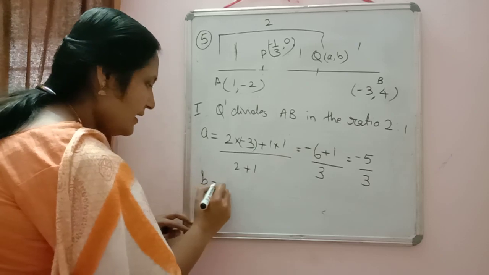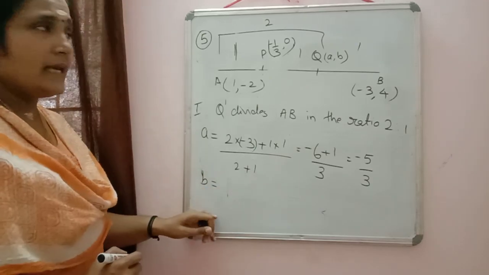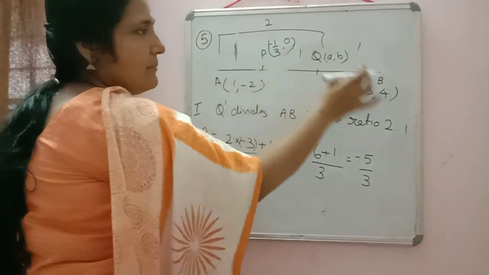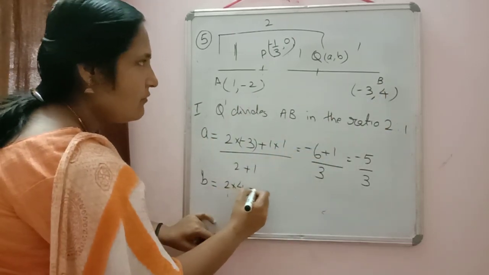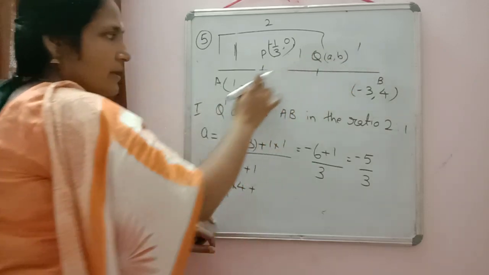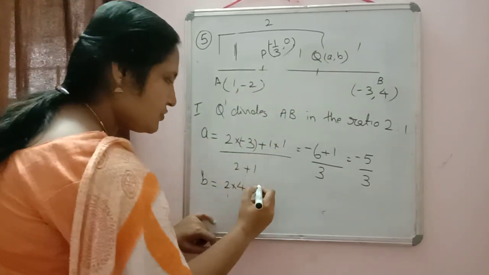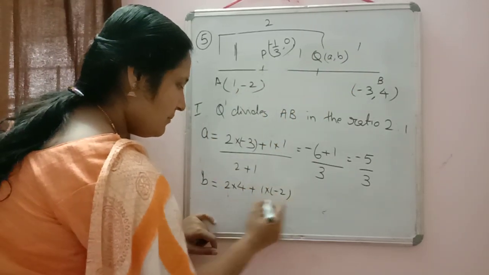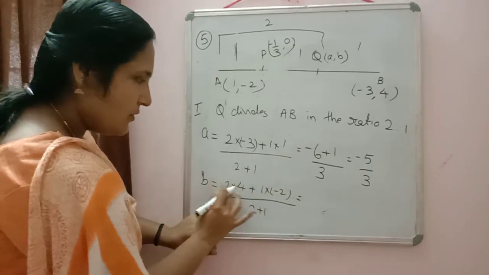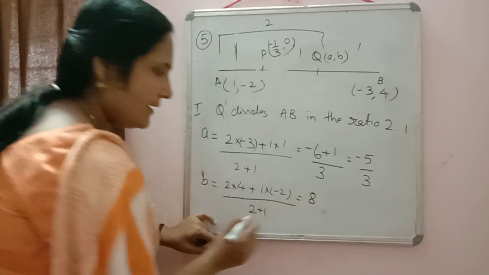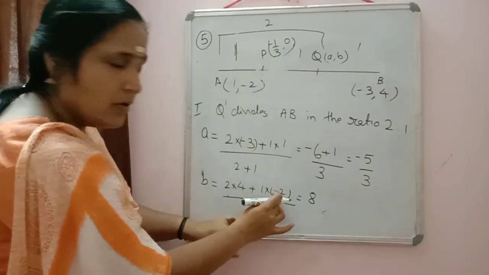Similarly, we will check the y coordinate also. 2 will be multiplied by 4. So 2 into 4 plus 1 will be multiplied by -2, 1 into -2, by 2 plus 1. 2 into 4, 8. 1 into -2, -2.